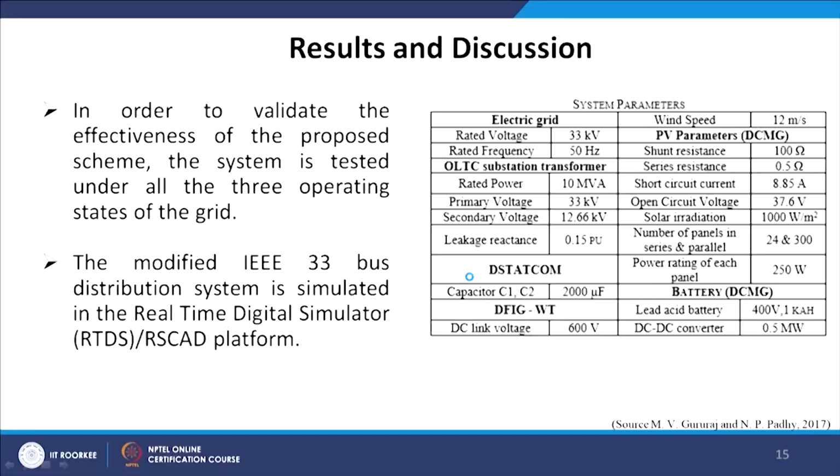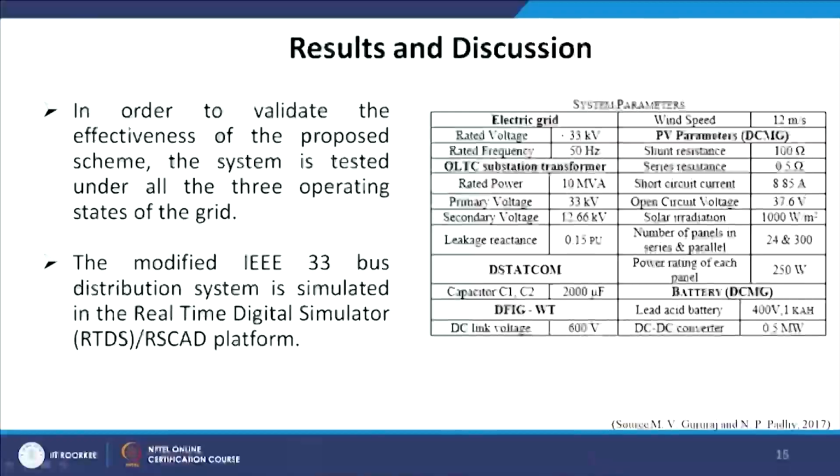In order to validate the effectiveness of the proposed scheme, the system is tested under all the 3 operating states of the grid. The modified IEEE 33 bus distribution system is simulated in the real time digital simulator RTDS platform, and we have considered the grid rated voltage of 33 kV and frequency of 50 Hz, and the OLTC substation transformer of rating 10 MVA, primary voltage 33 kV, secondary voltage 12.66 kV, and the leakage reactance assumed to be 0.15 per unit.